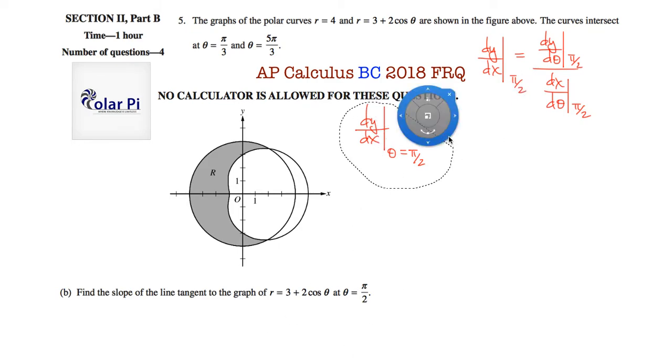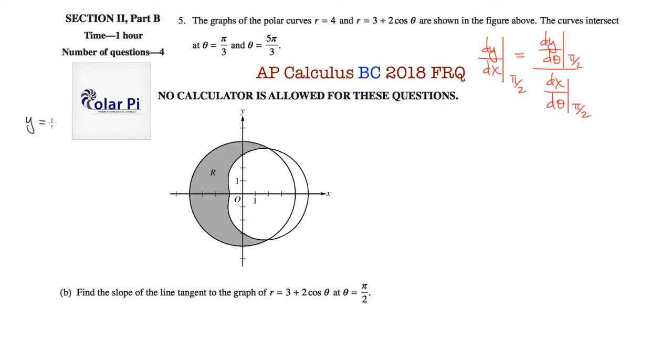Okay, cool. Now, how do we find dy/d theta and dx/d theta is the question. We recall in polar coordinates that y is equal to r sine theta, right? And x is equal to r cosine theta.